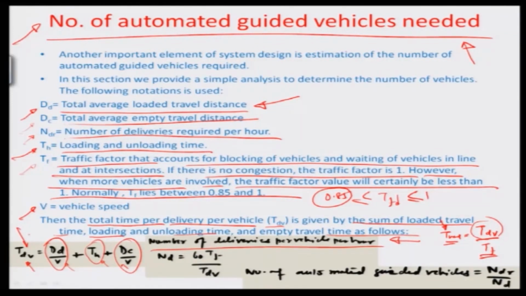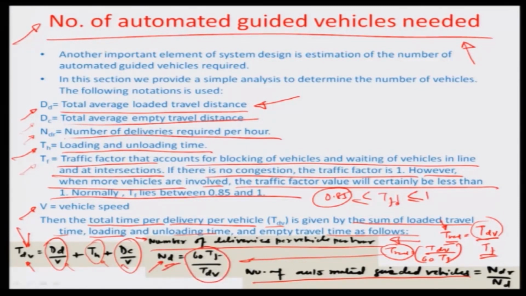If this were in minutes, then the number of deliveries per vehicle per hour would be the inverse of this real time. It is a frequency, which we call Nd here, which is actually 60 Tf by TDV. Basically it is just the inverse of the real time it would take for doing one delivery. So that's the delivery frequency for one vehicle.